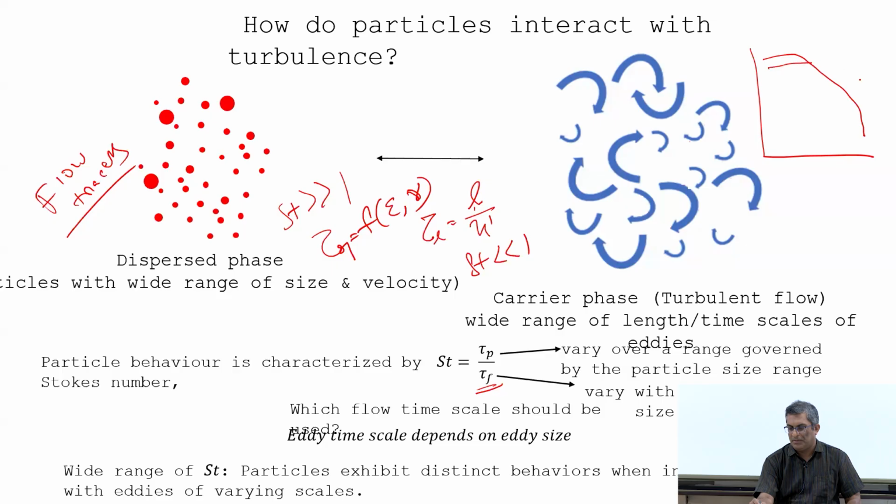For example, can it change like this? That is possible. So we know that if the particle loading goes beyond some limit, then we have two-way coupling. That means the particles would influence the carrier phase. But now what is interesting in case of turbulence, how would that affect the eddies at different scales?